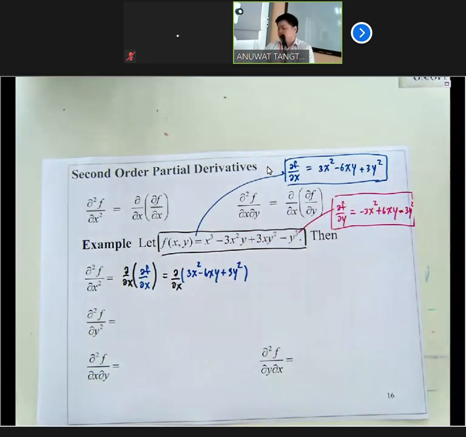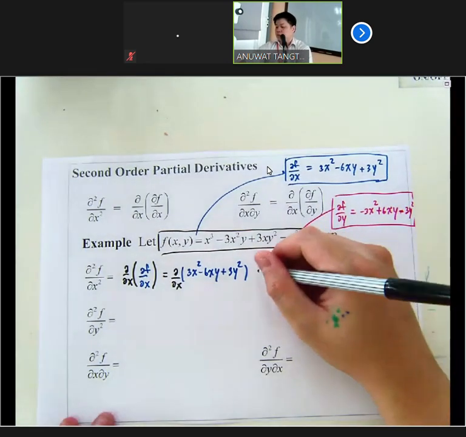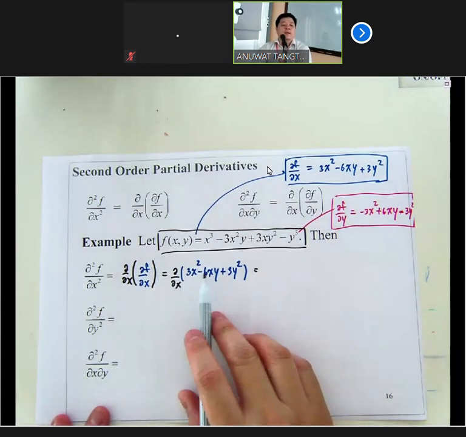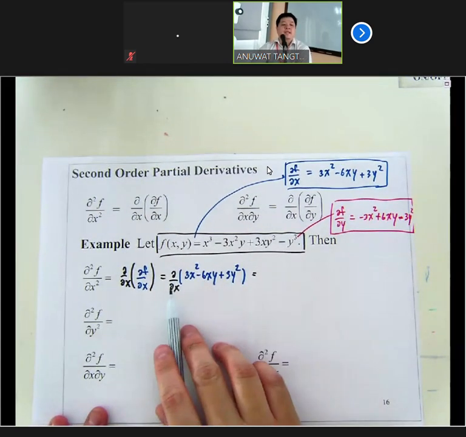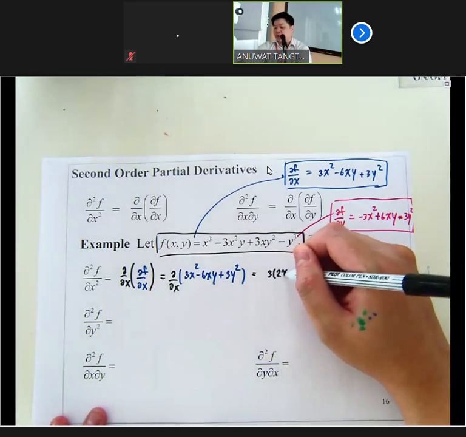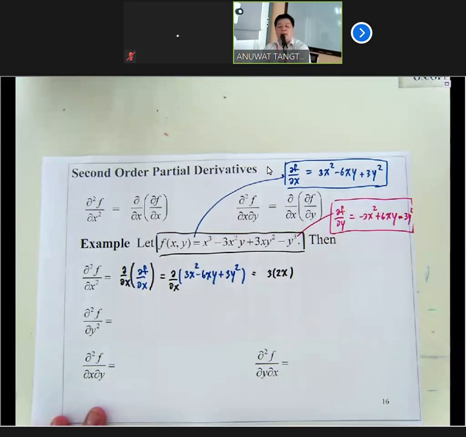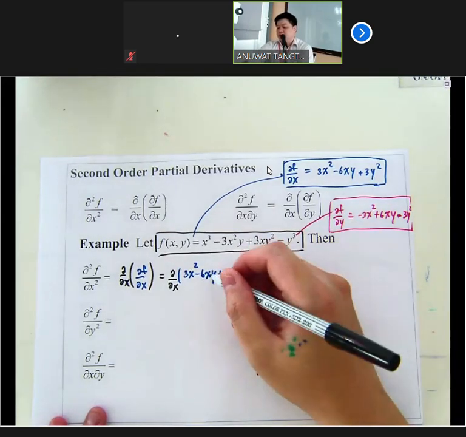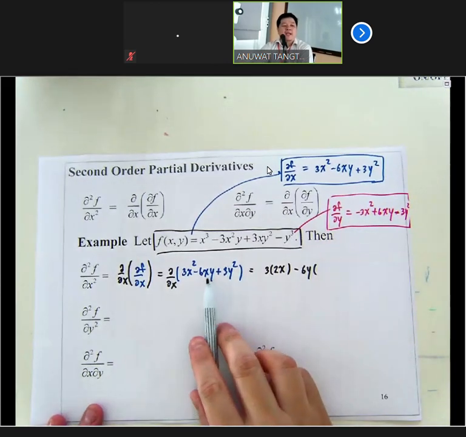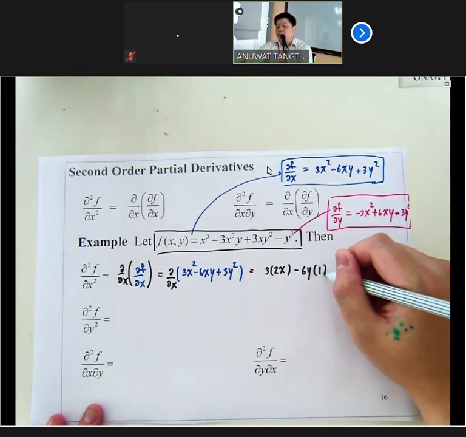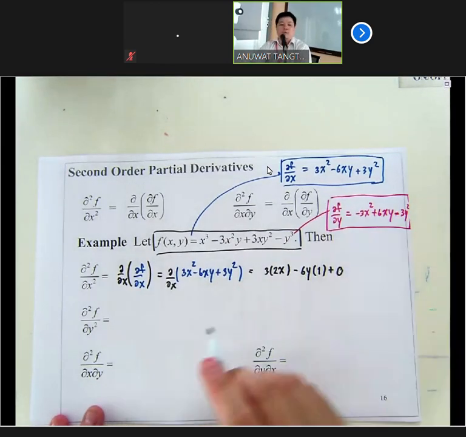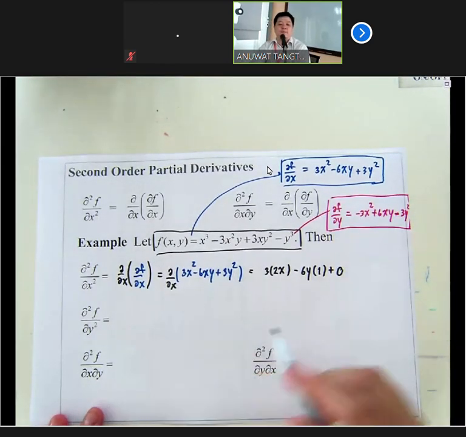So you can differentiate it quickly, right? Can you do that? 3x squared by dx would be 3 times 2x. And then for the next one, we take 6y out, and dx by dx would be 1. And lastly, that would be 0, because 3y squared is constant with respect to x.